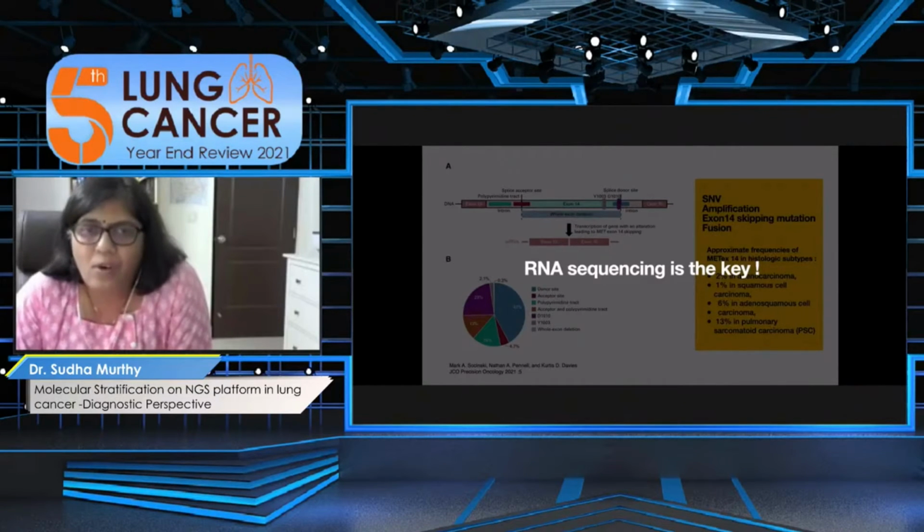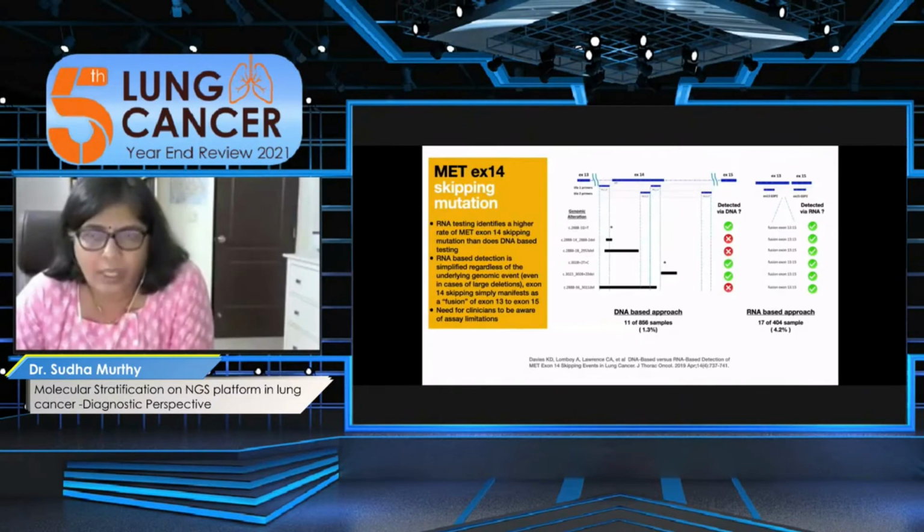It depends on how your lab has validated. If you do it sequentially, you probably lose out a little on turnaround time. But if you do both DNA and RNA sequencing upfront, it does cost a little more, but you get everything in one go and the turnaround time is significantly shortened. These are the differences between DNA sequencing and RNA sequencing.